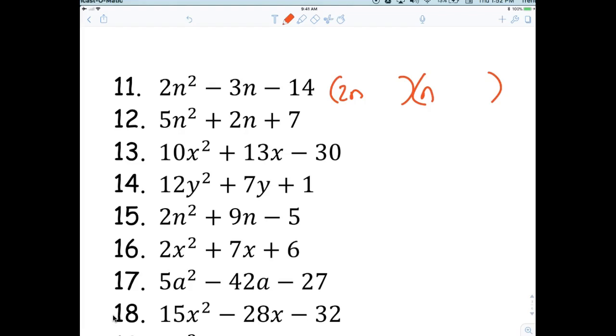Two plus 7, 2 and minus 2. Minus 7 plus 2. Now remember, you're doing your smiley faces to double check.